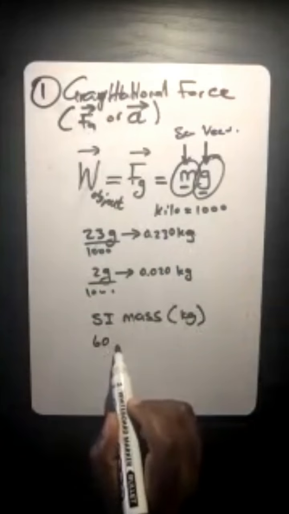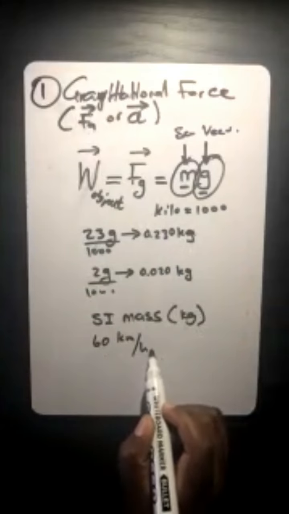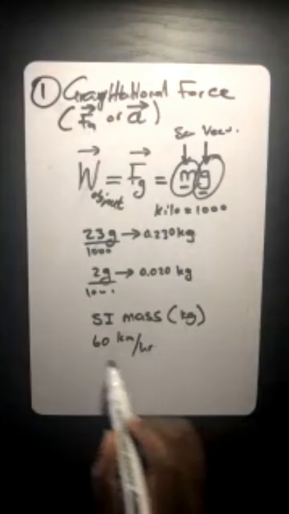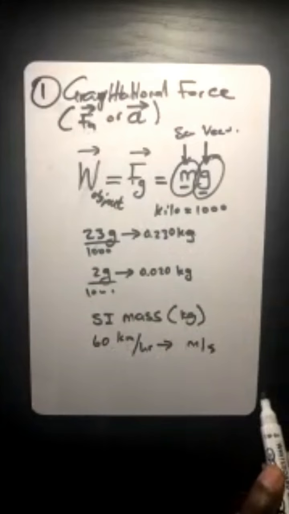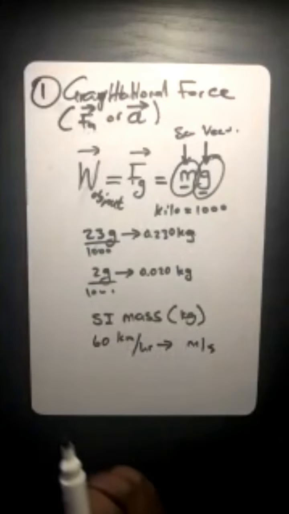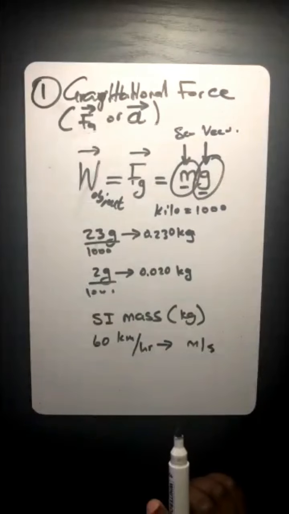If a speed or velocity is given as 60 kilometers per hour, you need to convert it to meters per second. So look for that information that has all the physics quantities and their SI units.